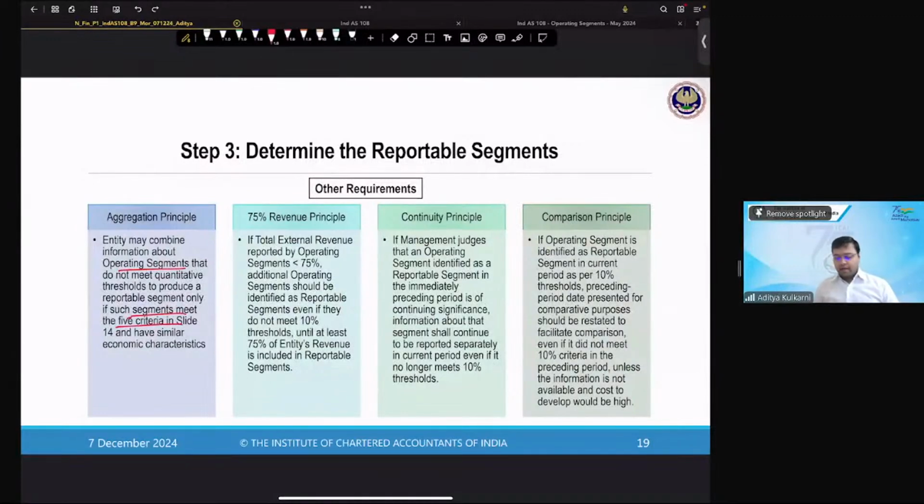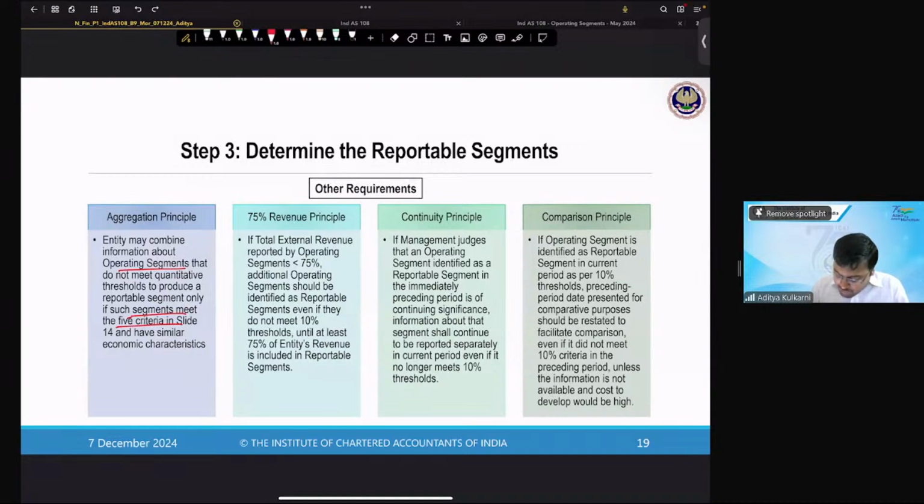Number 1. Number 2. Your total reportable segments are identified based on the revenue criteria, segment assets criteria, and profitability criteria. Based on all this, you have to cover at least 75% of total external revenue.